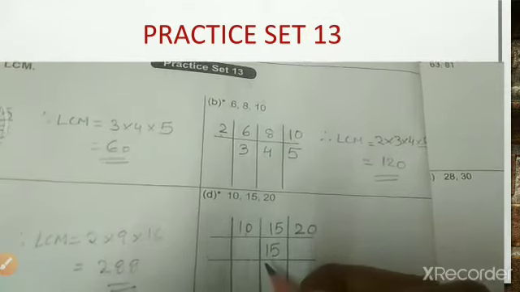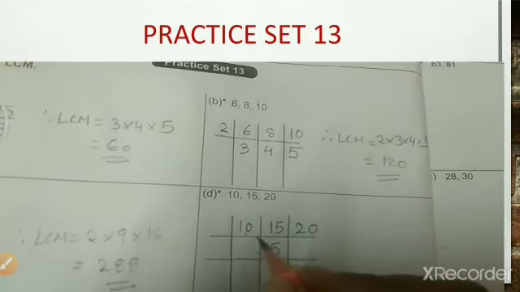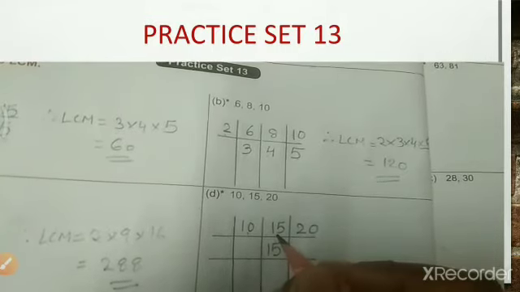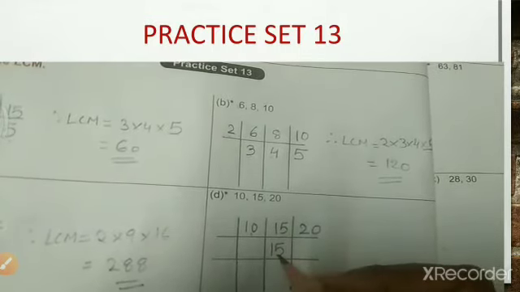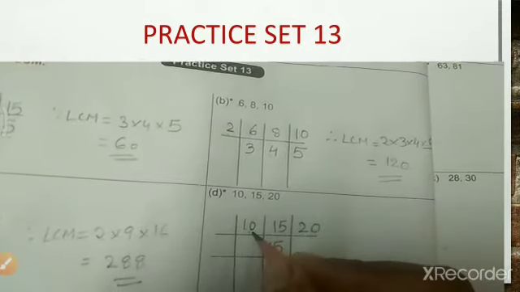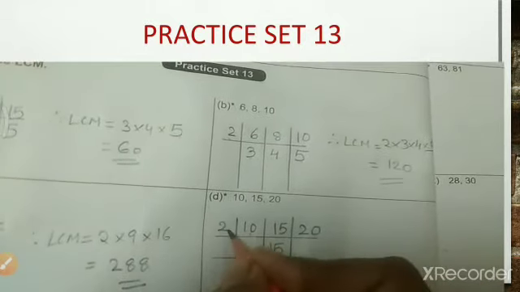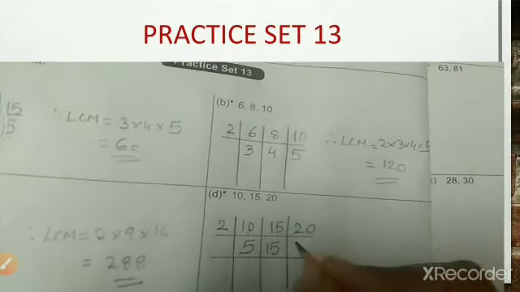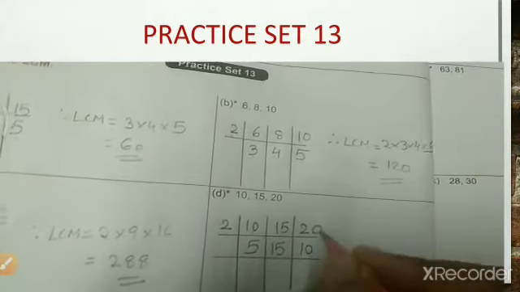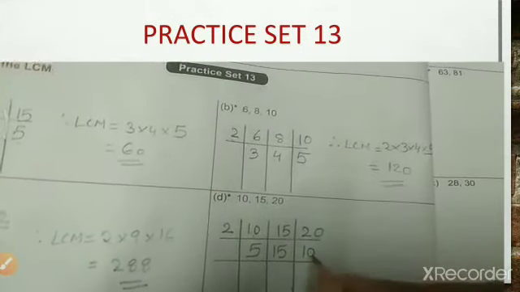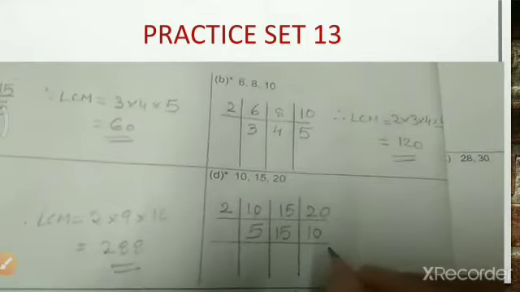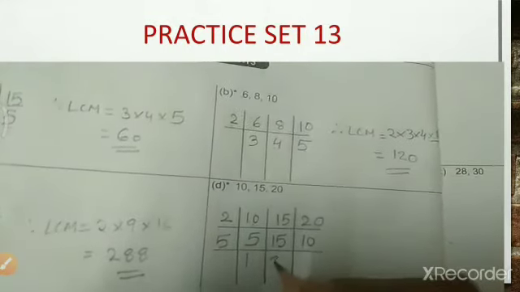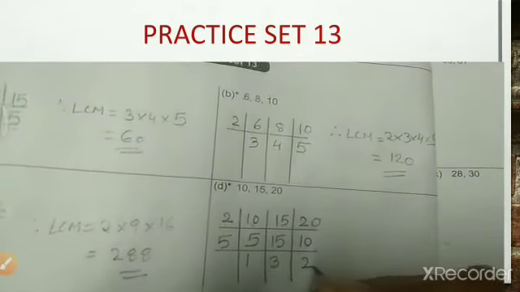In LCM, if two numbers are divisible by a single number and the third number is not divisible, that number you will write down as it is and you will divide these two numbers. Clear everyone? So 2 5s are 10 and 2 1s are 2, 2 zeros are 0, means 2 10s are 20. Now 5, 15 and 10. Together all the three numbers are divisible by 5. 5 1s are 5, 5 3s are 15 and 5 2s are 10.